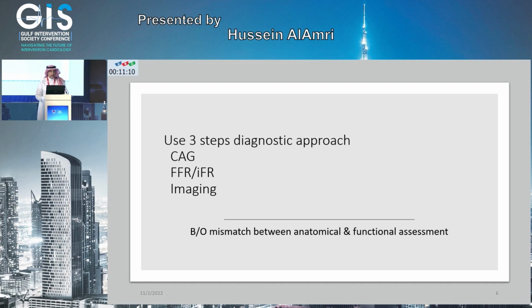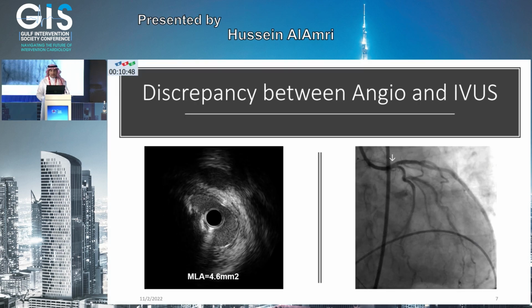So the best approach is to use the three-step diagnostic approach, which includes coronary angiography. If the lesion is more than 70, then most likely it's severe. If less than 70, then you need to assess functionally with FFR or IFR, whether it's causing ischemia or not, and with imaging to guide your management.